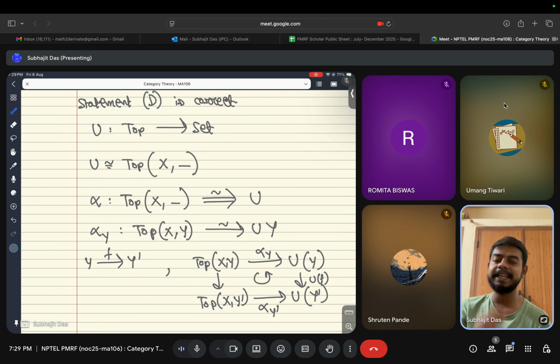You start with any arbitrary arrow in your domain category, you obtain the corresponding square in the codomain category. You want that square to be commutative, right? This is what the naturality axiom says.